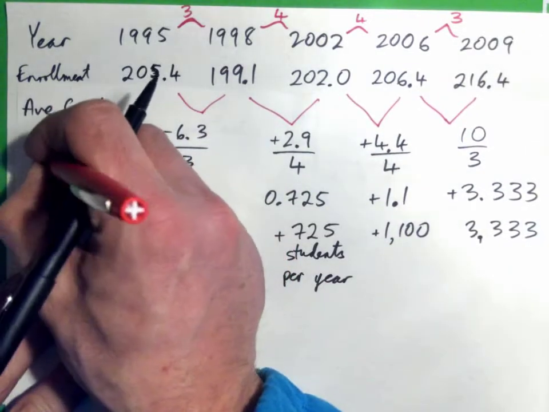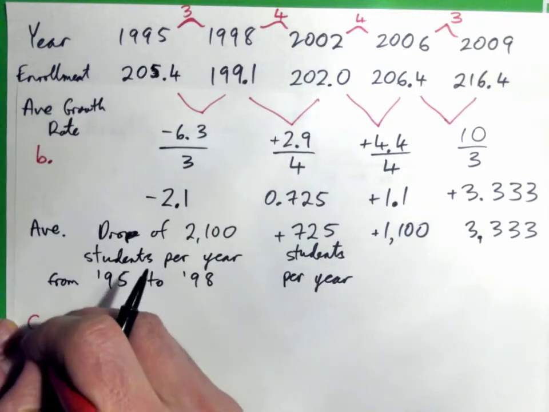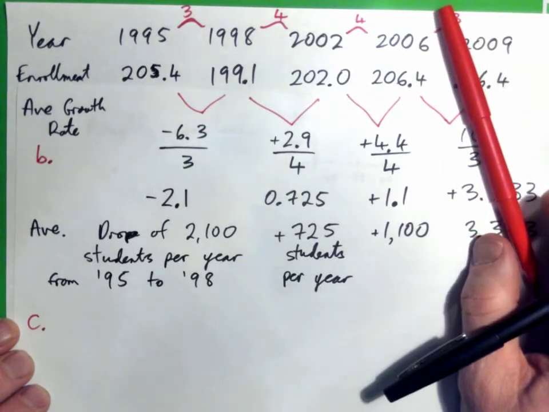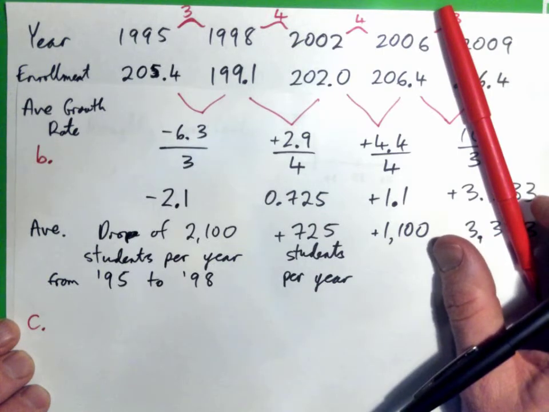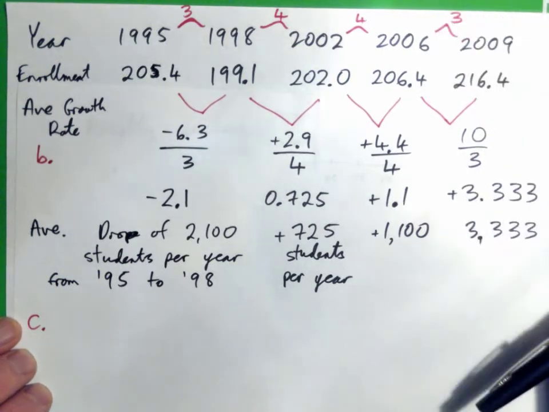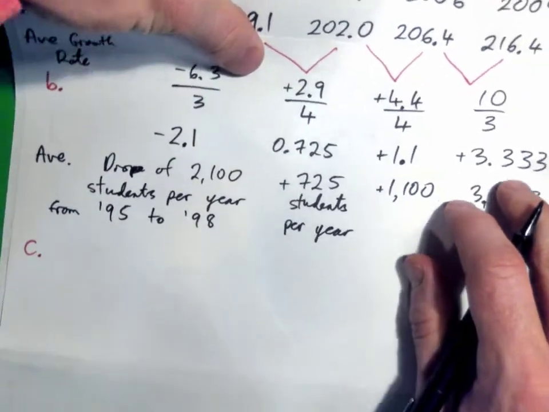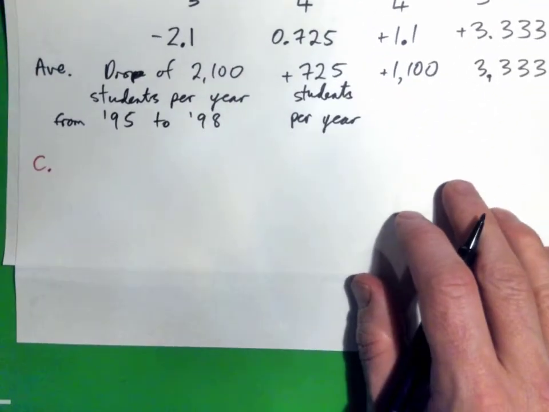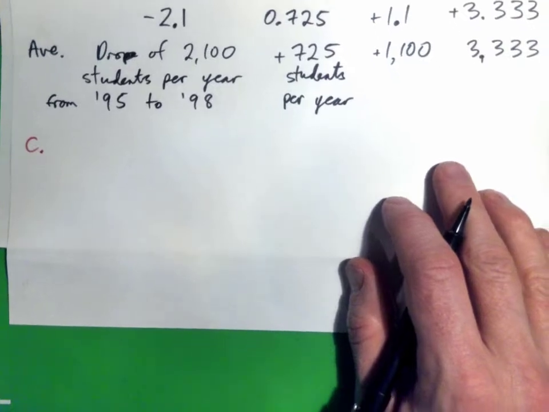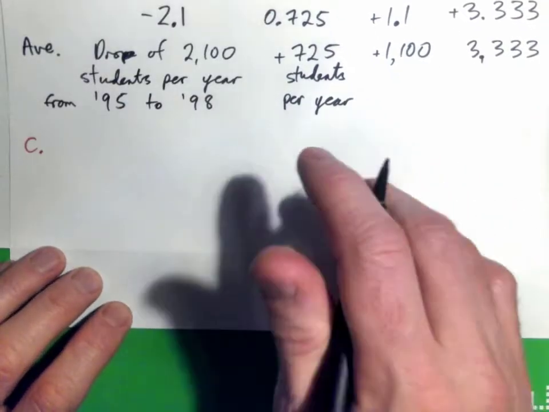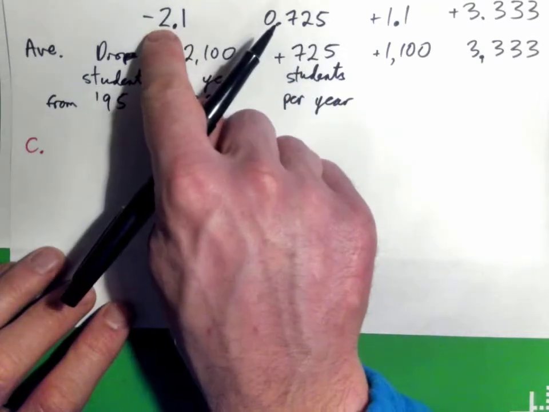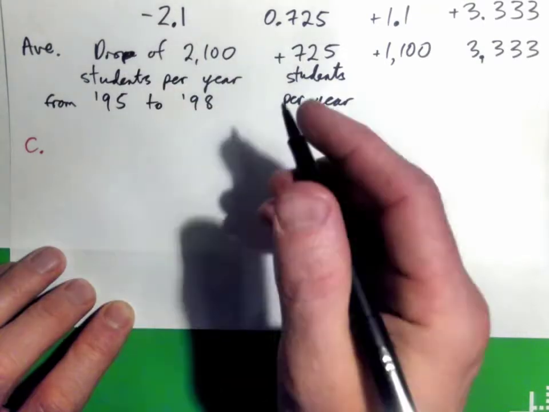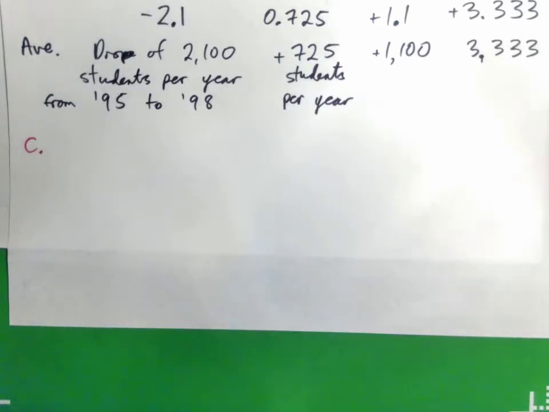That's part B. And part C, finally to your question, make a bar graph displaying the average growth rate per year in enrollments in French. So what I'm going to do is I'm going to just have the growth rates there, along with the years.